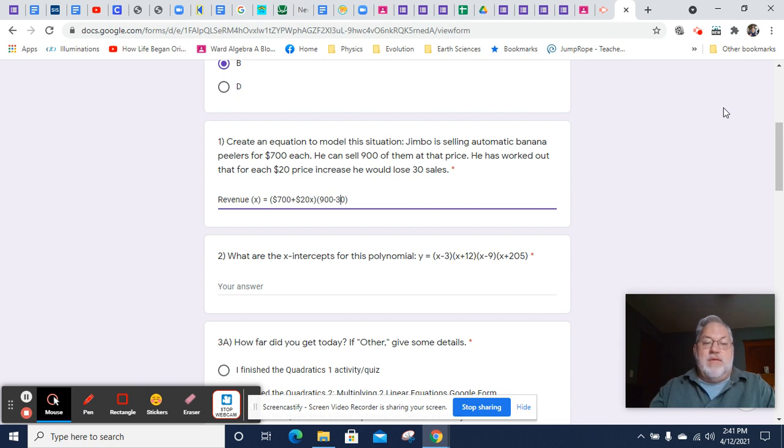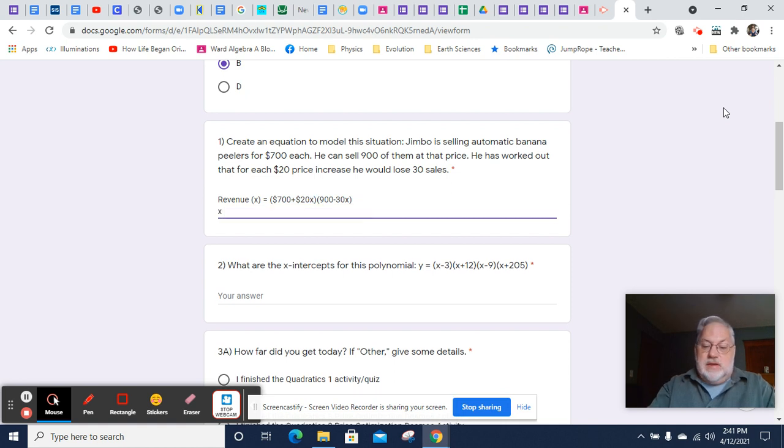Anytime he does it, he raises it $20, but he loses 30 sales anytime he does that. So we're going to make that 30 times the number of times he raised the price, and $20 times the number of times he raised the price. So x equals the number of times he raises the price by $20.